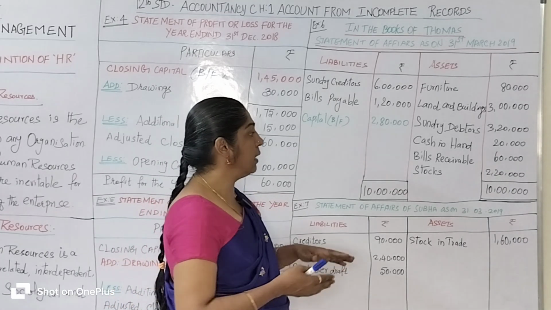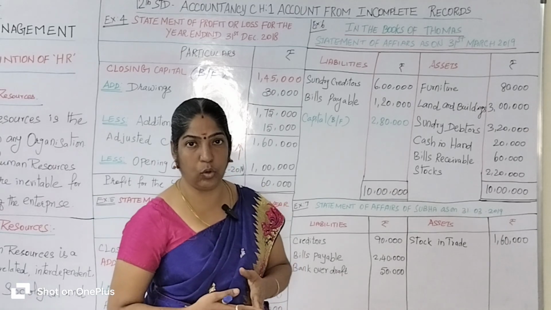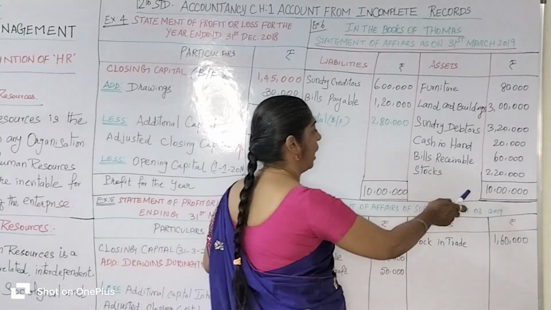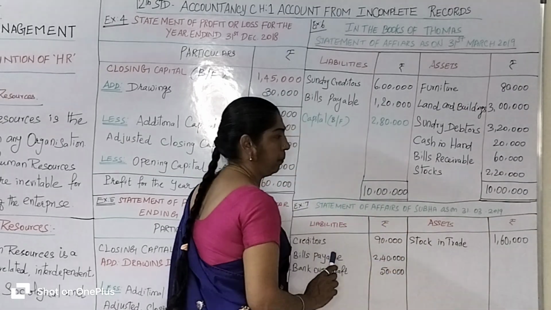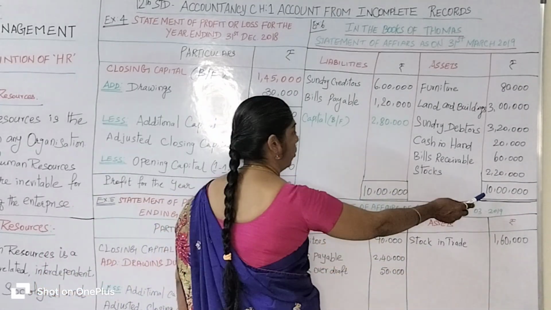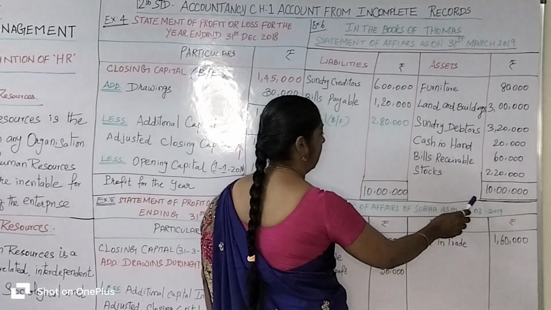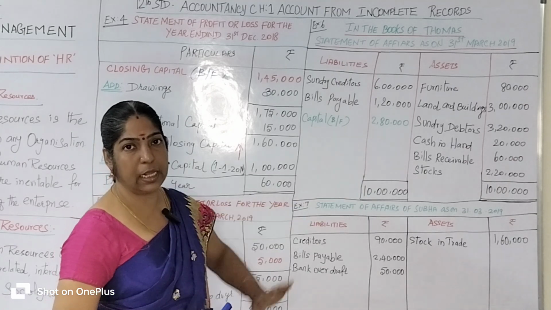So the higher side value we consider as the total. 10 lakh rupees we entered on both sides, asset side and liability side, as the total, because this is the higher value.